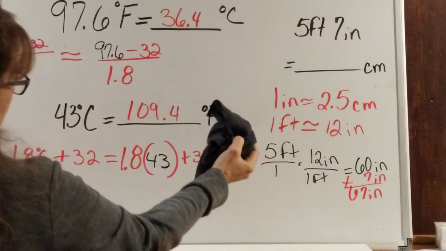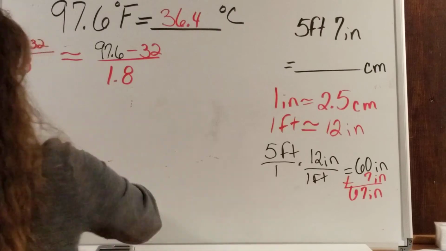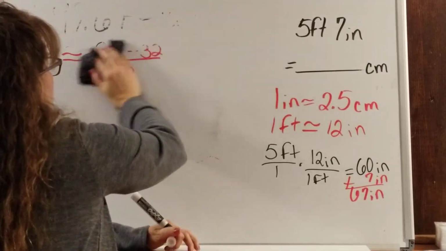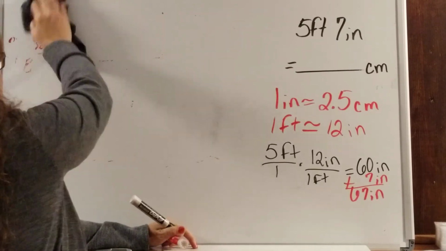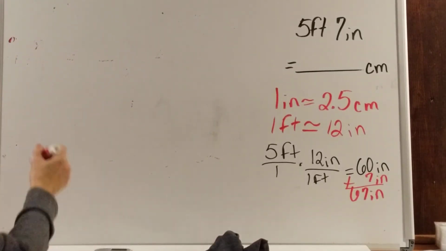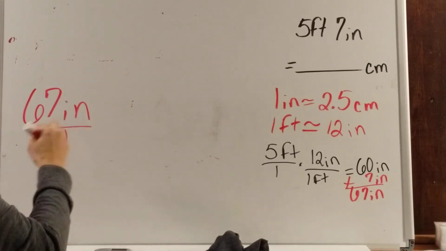And I'm going to come over here and just erase this side of the board so I can use it. Okay. So now I have 67 inches. I'm going to put it over 1.